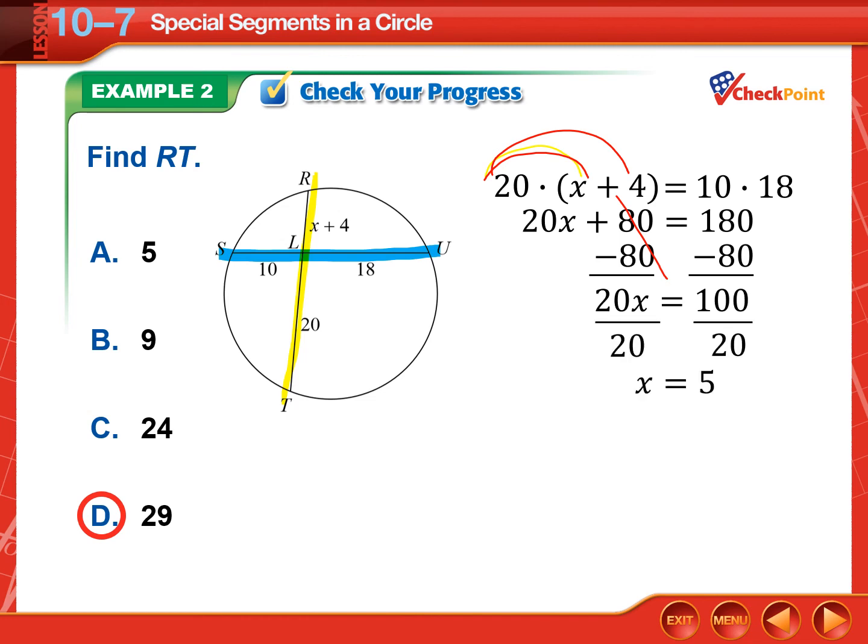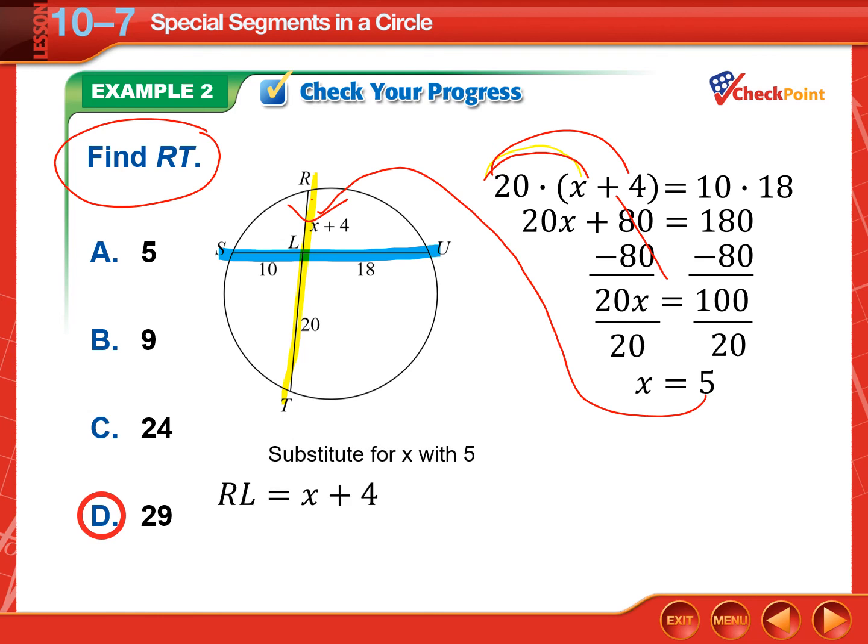So if you said, oh, I got x equals 5, you're technically right. But they didn't ask for x. They asked for RT. So let's go ahead and substitute that back here. So substitute x for 5. 5 plus 4 is 9. So we know that this is 9. So you're like, I got 9. Ooh, that's that answer.